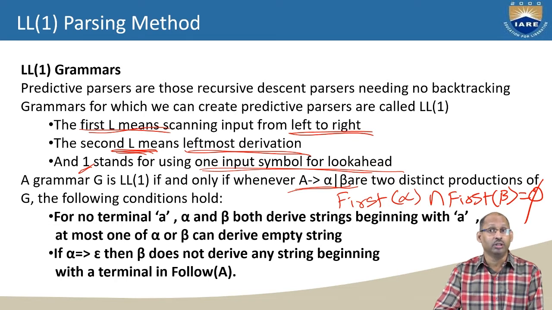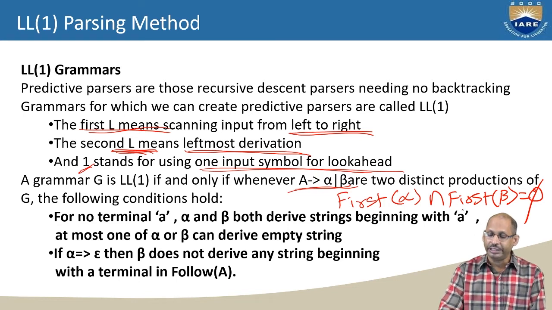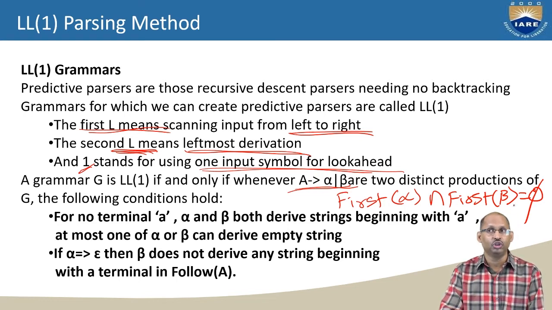There is no terminal a which derives from alpha and also from beta. The first of alpha and the first of beta should not have any common terminals. That is the first condition.